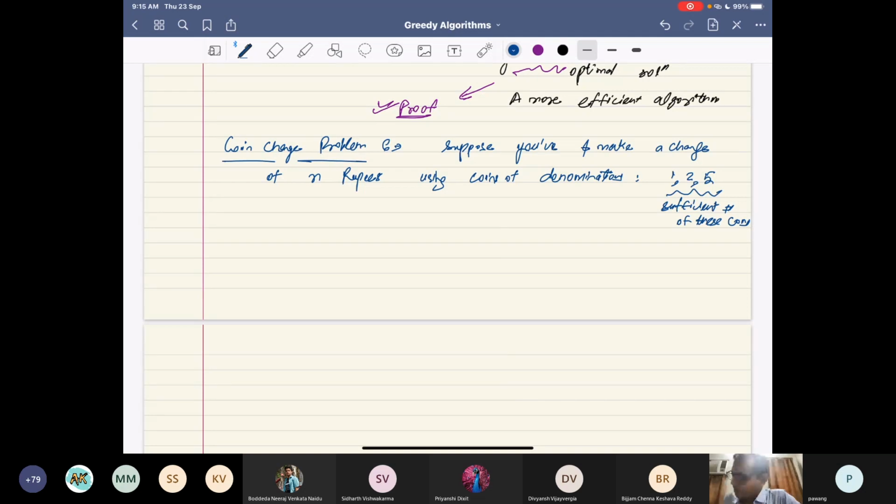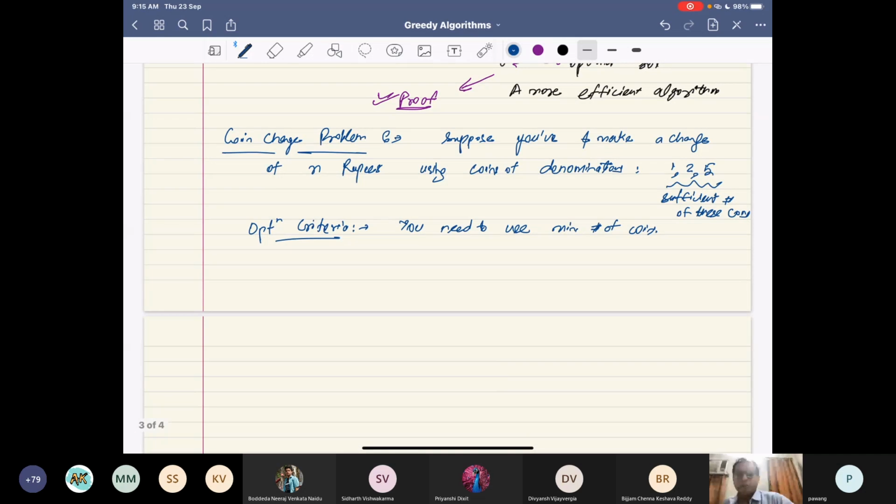So here, what is the optimization criteria? You need to use the minimum number of coins. Then I cannot just use 1 rupee coins because then I will need all n coins, right? So I can possibly do better than that. So that is my optimization criteria.